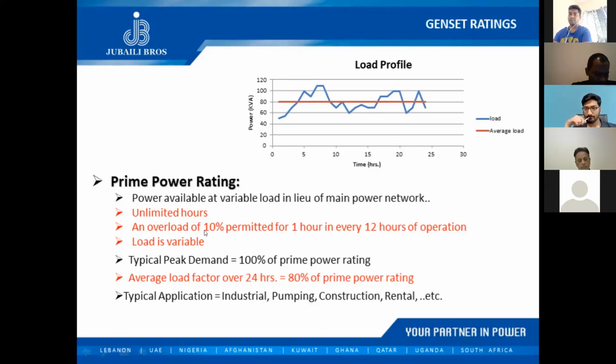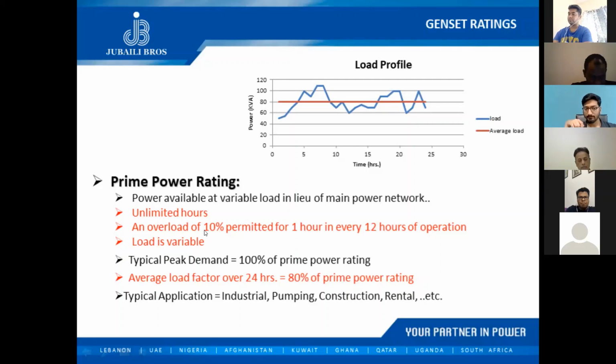A very important point is that my average over 24 hours is 80% of the published prime power rating, which means in this case, it's 80 kVA. So this red line here is my average load over 24 hours. This should not exceed 80 kVA for a 100 kVA genset.